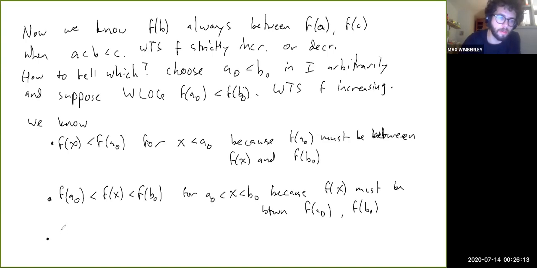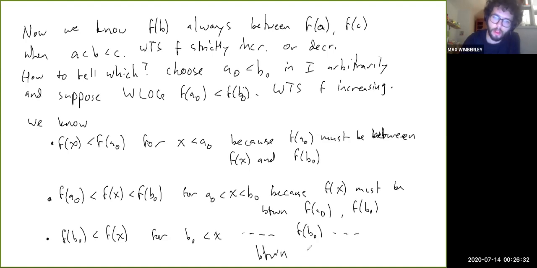And then also, similarly, f of b naught is less than f of x for b naught less than x, because f of b naught must be between f of a naught and f of x.